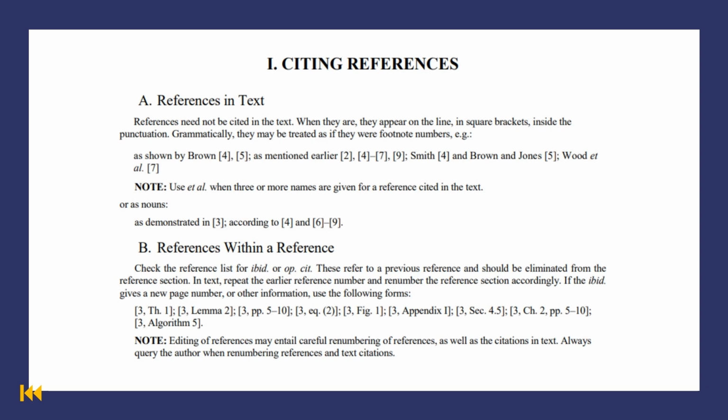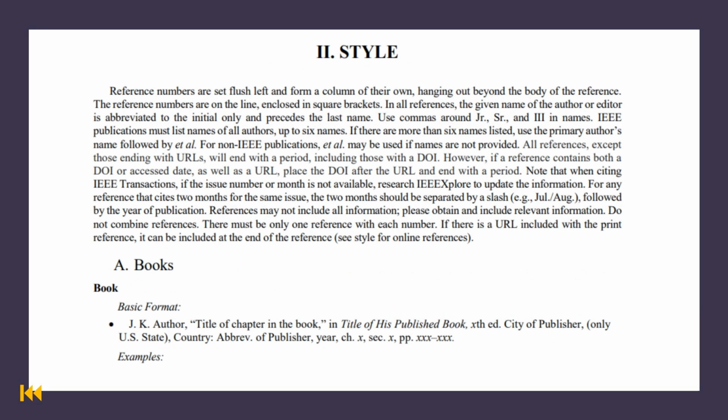So in this current slide, you can see how you can cite references in text and also reference within a reference and so on and so forth. So for the style, the IEEE reference guide also provides the style for referencing them in the bibliography, for books, and for other sources of information and literature.